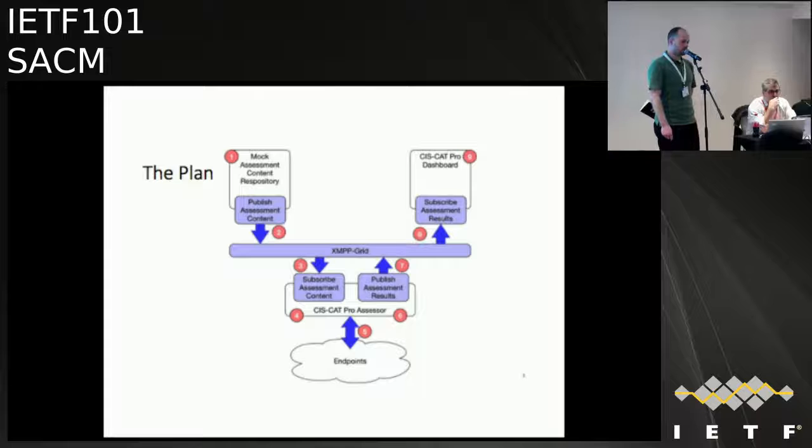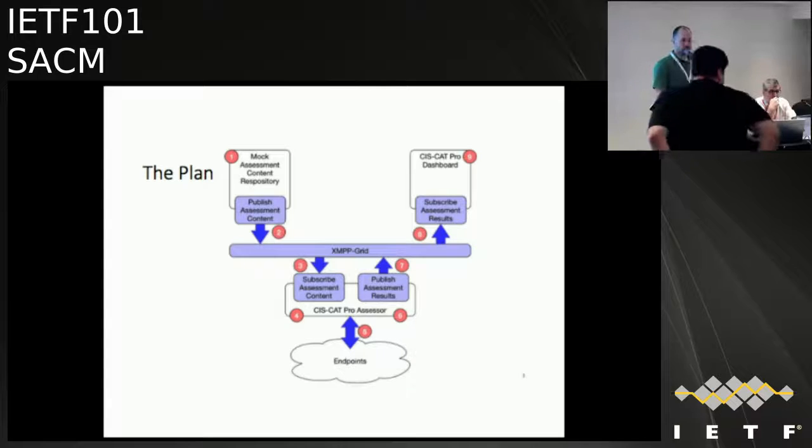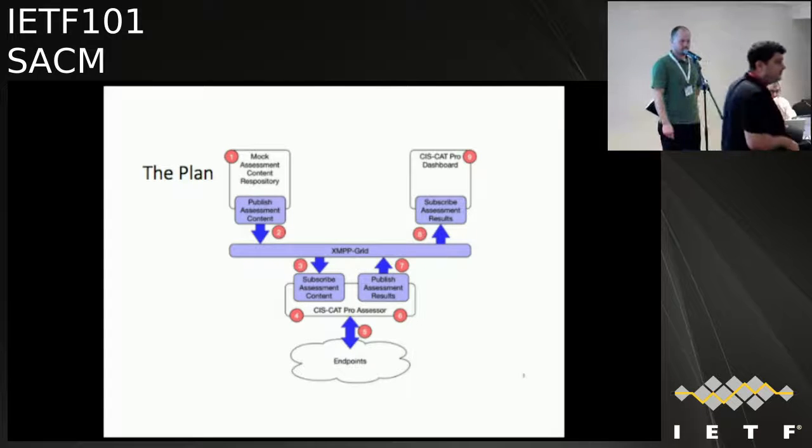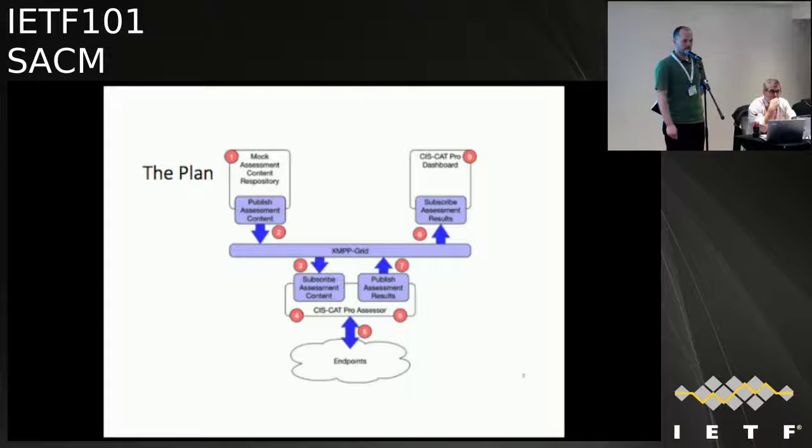Then at some point they go through the collector and become an input to the XMPP grid in this example. So this is called the data origin. The data origin knows a lot about the thing it assesses, and therefore you have this indirection. And this indirection is basically addressing your question.